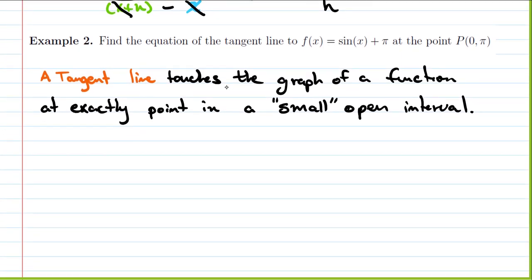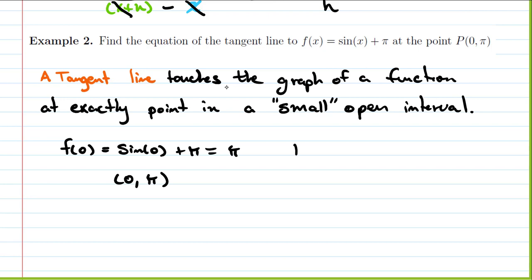So now we want to find the equation of the tangent line at the point (0, pi). If we put 0 into our equation, f of 0 is equal to the sine of 0 plus pi, which equals pi. We were told that it has the point (0, pi). So then we need to calculate another point.